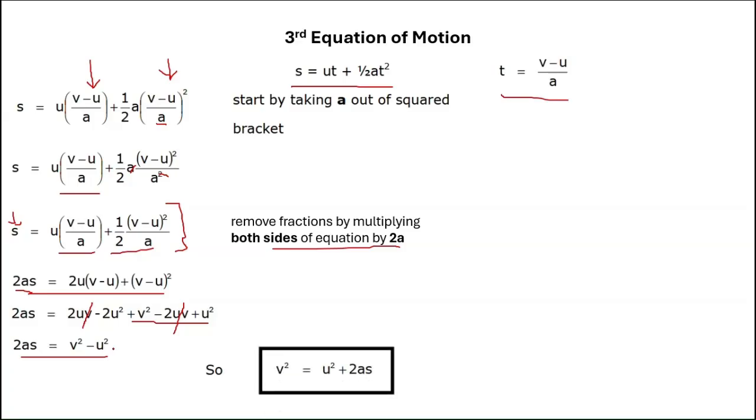So this is our final equation, which is the third equation of motion: v square is equal to u square plus 2as. v is the final velocity, u is initial velocity, a is acceleration and s is displacement. So we can say final velocity square is equal to initial velocity square plus 2 times acceleration multiplied by displacement.